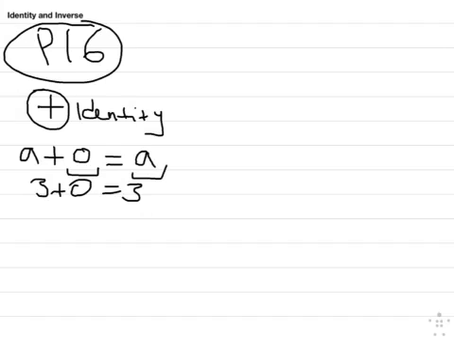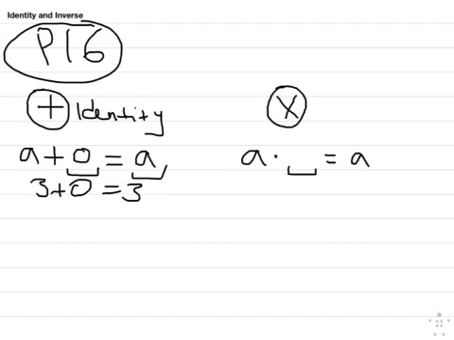Okay, how about multiplication? We talk about identities and inverses under certain operations. So for instance, we have A, maybe some number, and we ask what times what gives us exactly the same number.